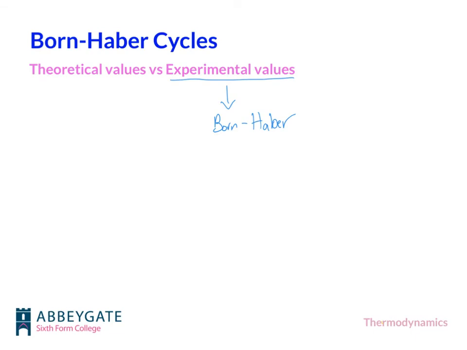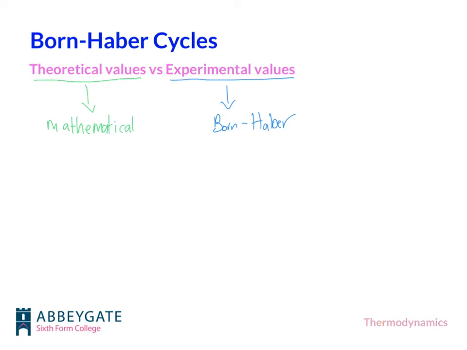Now, you don't have to be aware of how to make them or do the calculations, but you do need to be aware that physicists are able to use mathematical modelling to come up with theoretical values. So these are purely maths, based on the idea of a pure ionic solid. So these are mathematical.